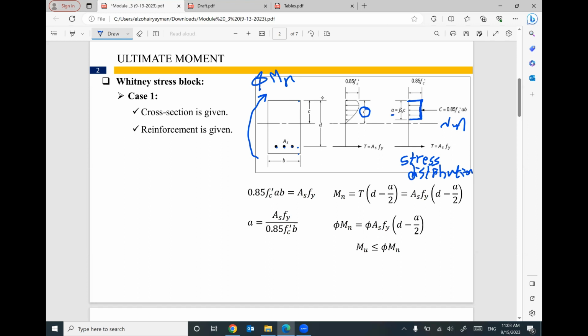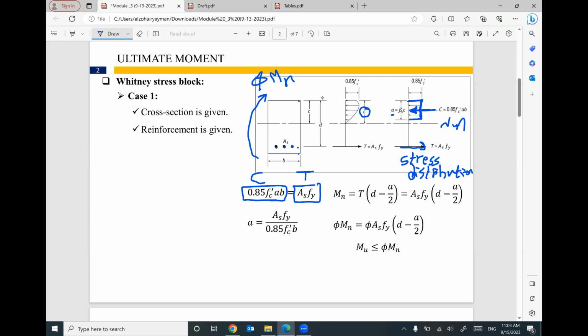This stress block can be converted to a compression force, capital C. This capital C equals 0.85 f'c a b. And we have the tension force at the bottom in the steel reinforcement. This tension force equals area of steel times f yield.